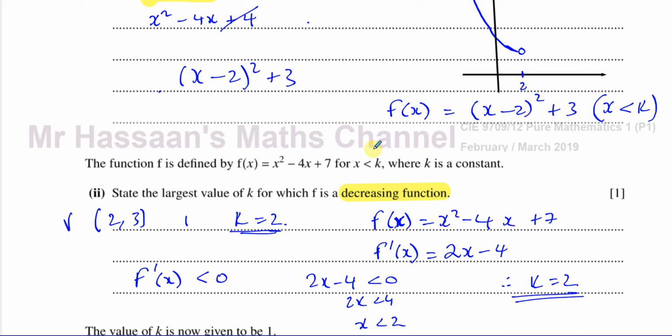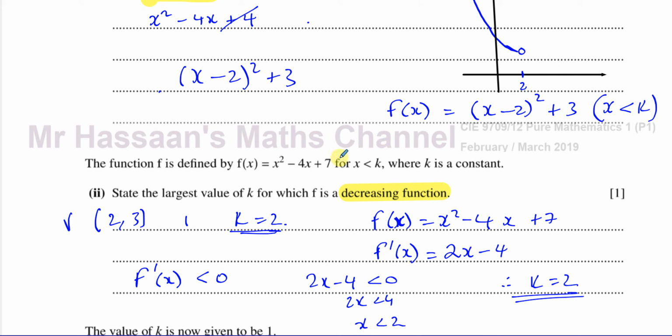If it said x is greater than k, then k is again going to be equal to 2, because they'll ask it as the lowest value of k for which f has an inverse. And the question could have been, state the lowest value of k for which f is an increasing function. In that case, we'll be looking at this side of it, and we'll say the lowest value of k will be 2 for it to be increasing, because then it will always be positive. So those are some variations of this question that you should look out for.